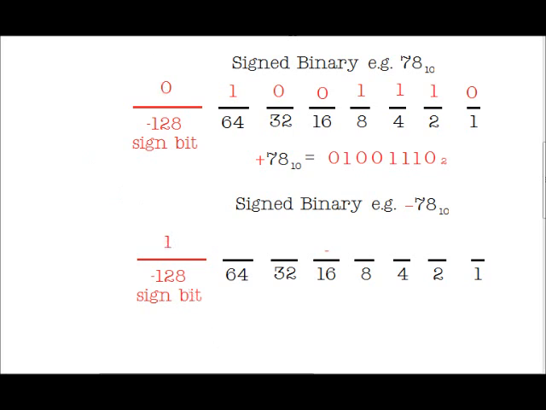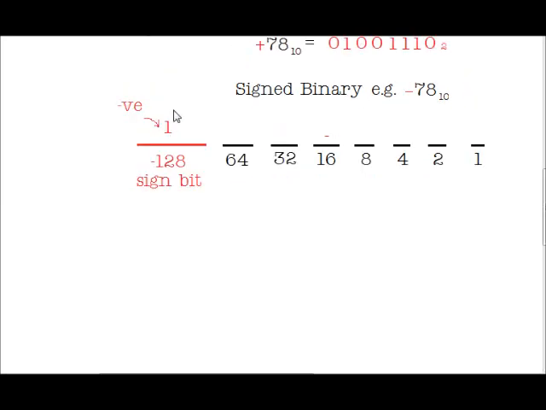Okay, remember, if we have a negative number, then we will have a sign bit which is 1. Alright, because the sign bit has a place value of minus 128, then 1 times minus 128 will give you a value of minus 128.